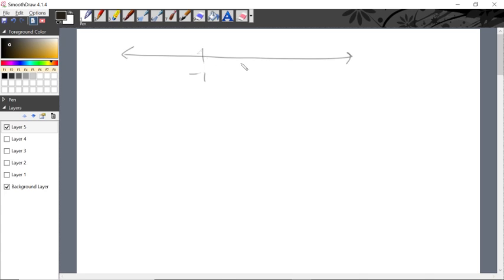Negative 1 is a point that's included, 0 is a point that's included, but in terms of the first derivative, it does not exist at either of these. And we're not testing in here, because this region right here is not in the domain of the original function. So we're going to test out here, like at negative 2, and out here at 1. Let's test that in the first derivative.